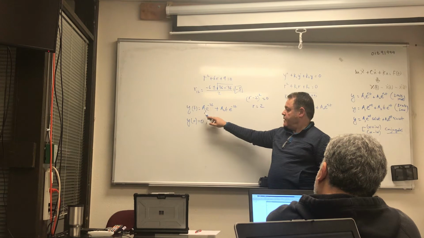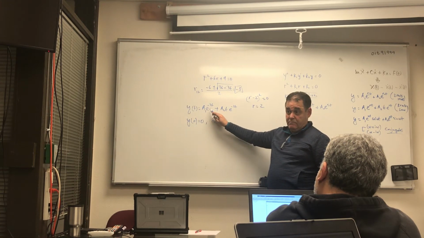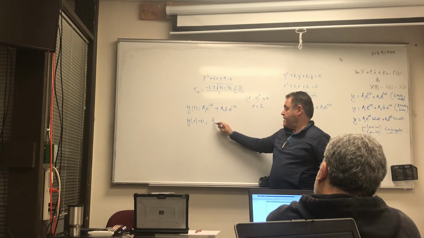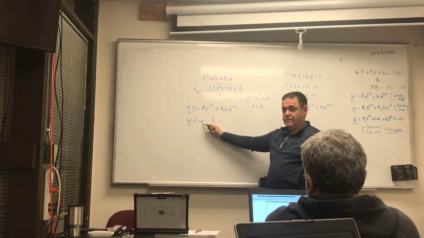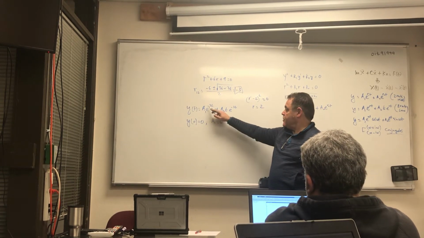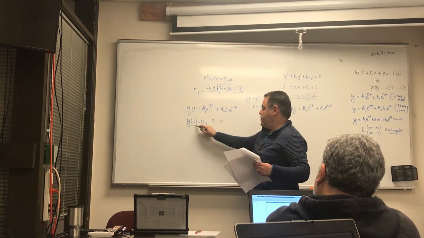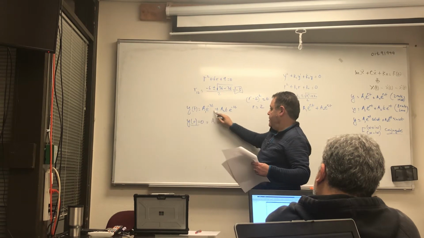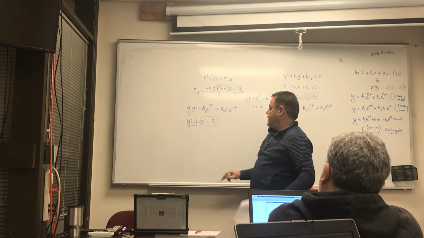It's just 1. So I get a1 times 1. How about this one? Zero. That's 0. So that means that a1 is equal to 0, because that's what I'm told. I'm told that y(0) is equal to 0, but y(0) is also equal to a1, right? That means that a1 is equal to 0.